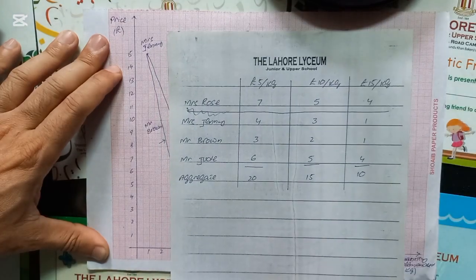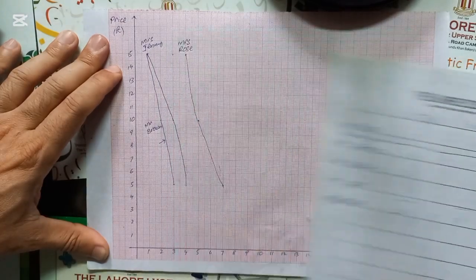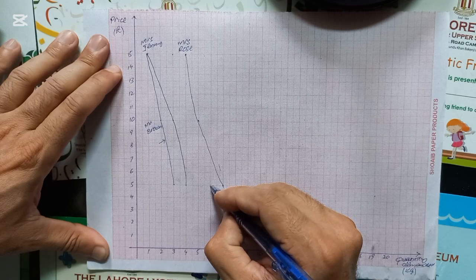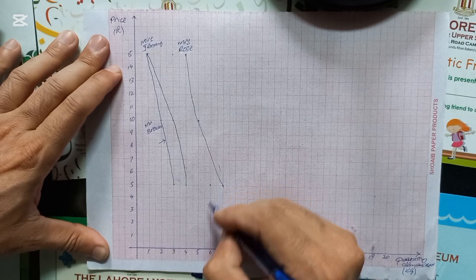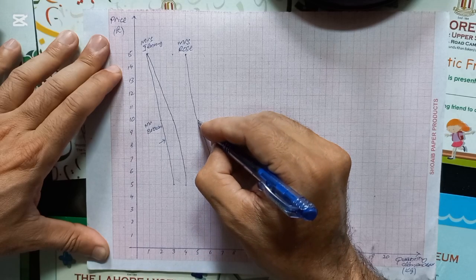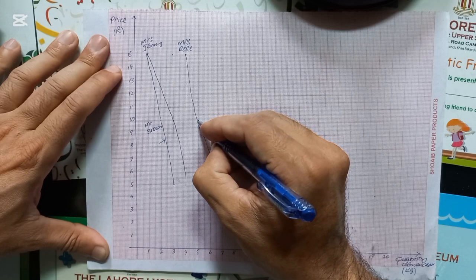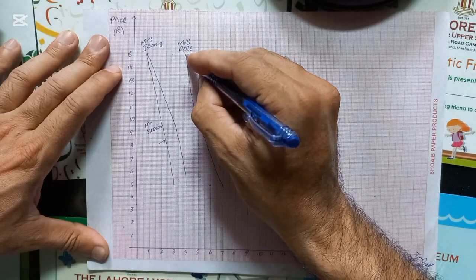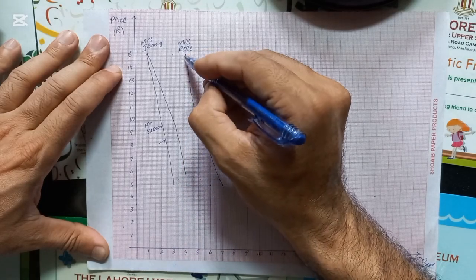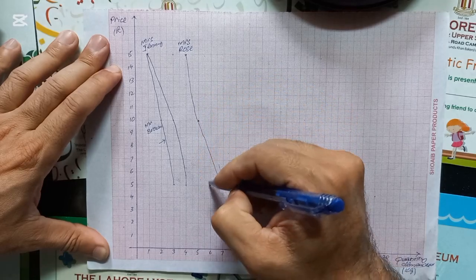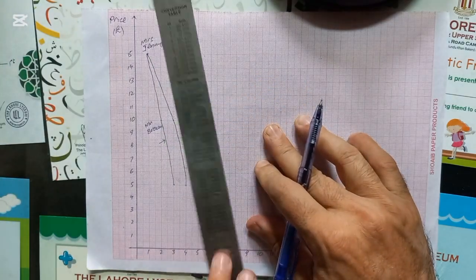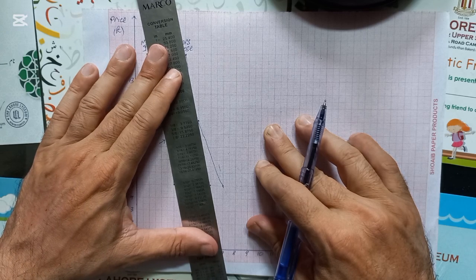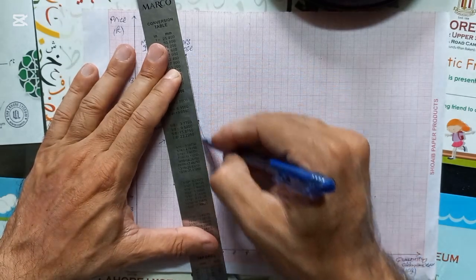And the last one is Mr. Jude, 6, 5, and 4. So here is 6 that is demanded at 5, and 5 that is demanded at 10, and then 4 that is demanded at 15. So here is the demand curve of Mr. Jude.